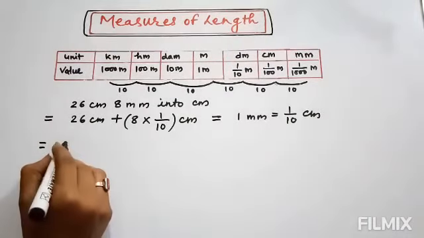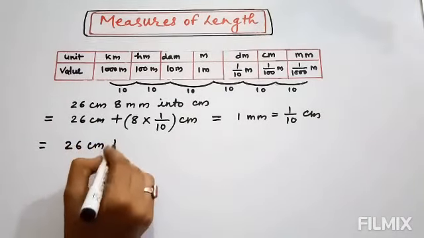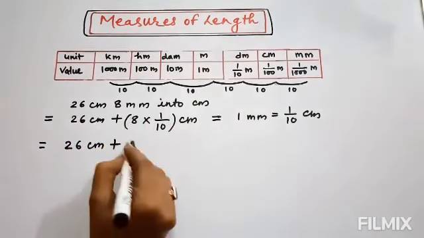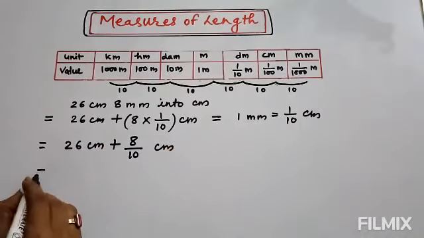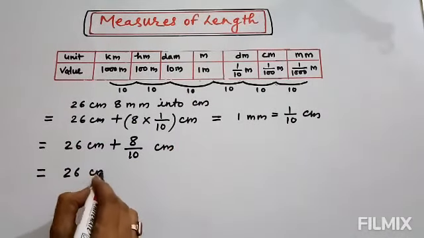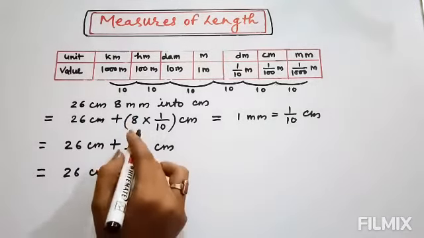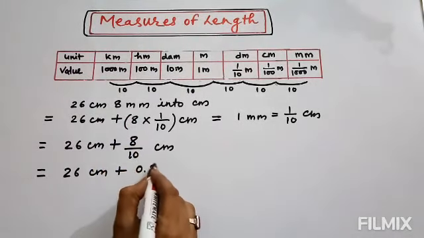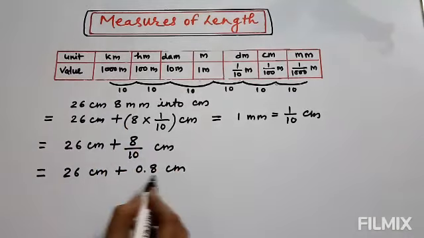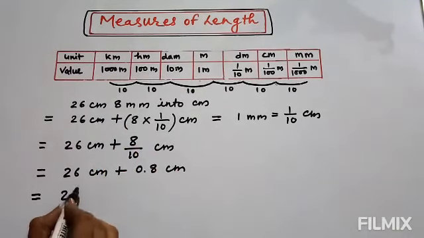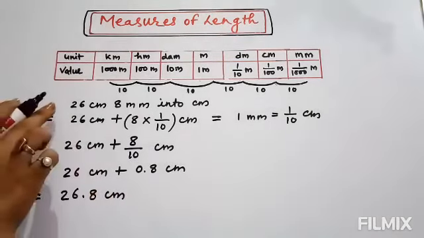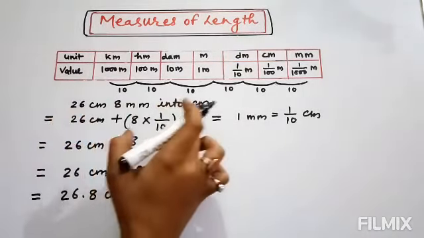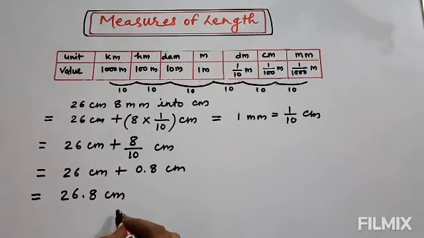After this we write 26 centimeter plus 8 multiplied by the numerator, we get 8/10 centimeter. In the next step, we get the quotient of this division, 0.8 centimeter. Add all this together, you will get 26.8 centimeter. That is the conversion of 26 centimeter, 8 millimeter into centimeter. We get the answer 26.8 centimeter.